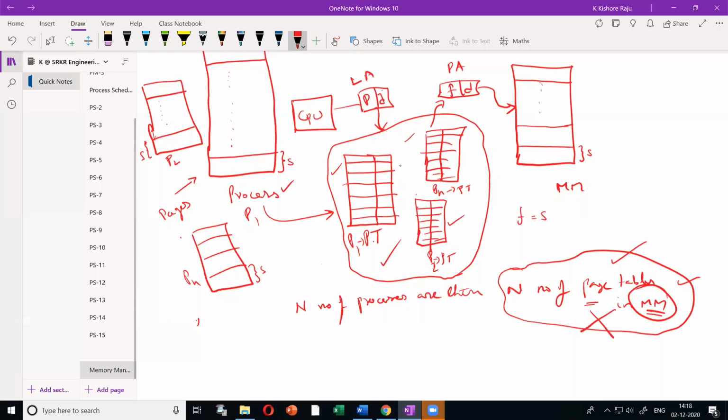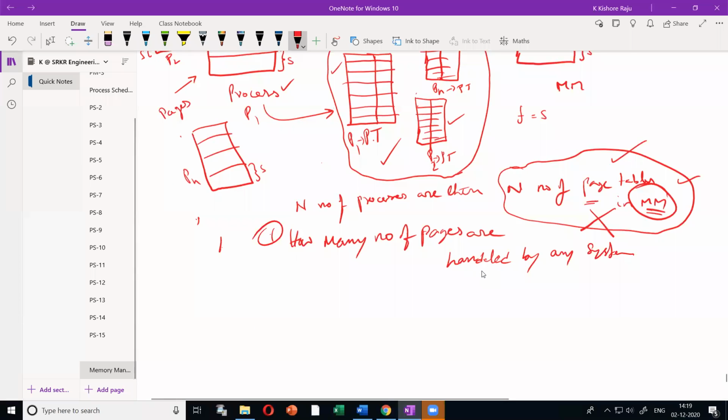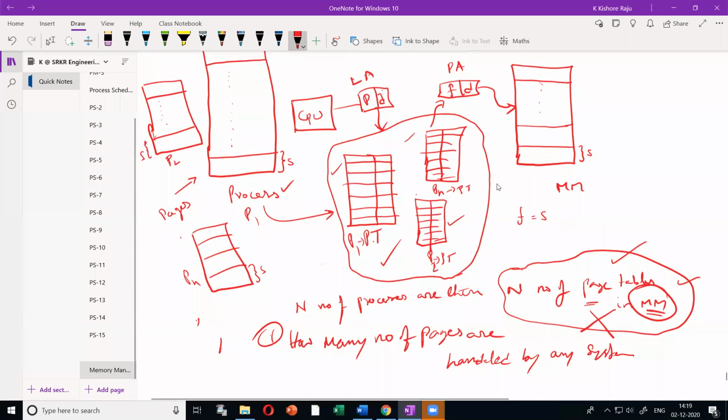How many number of pages are handled by any system in a particular given point of time? Please think.